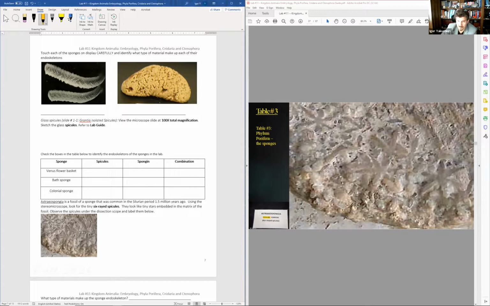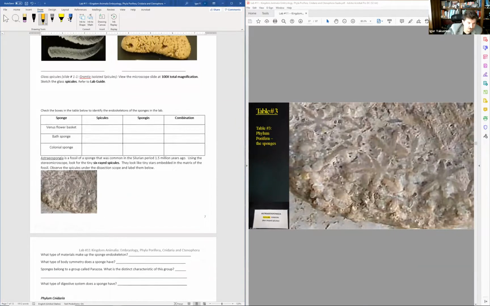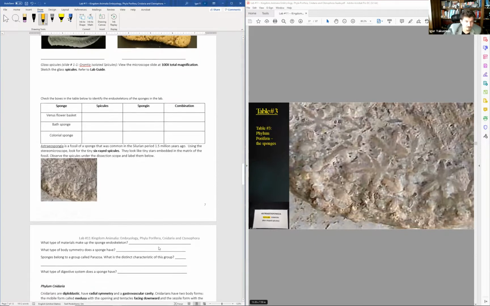So here we're looking at a very nice one. They are specifically arranged, and the sponge creates the body around them. Make sure that you will see that. It's pretty much the same picture. All right.